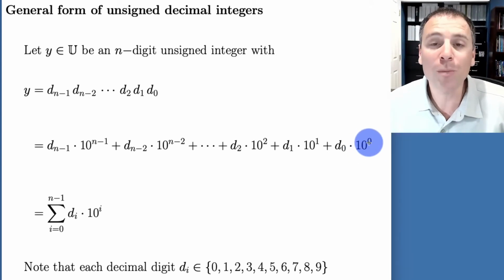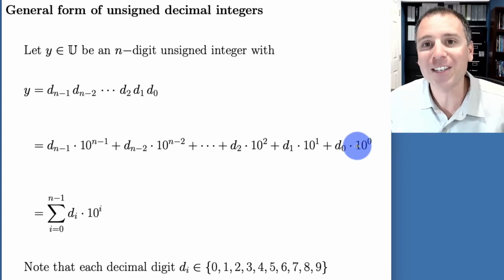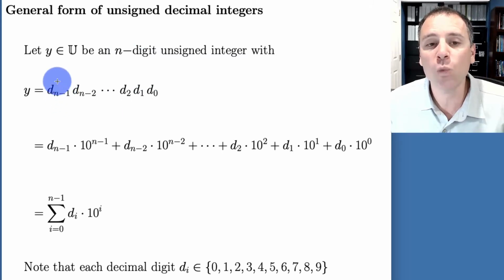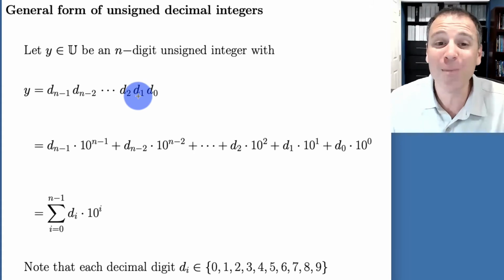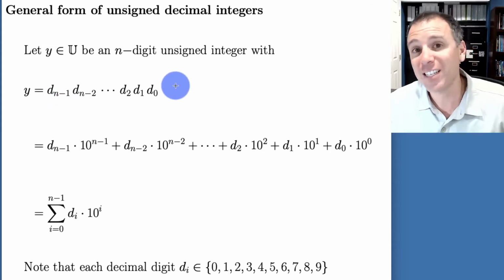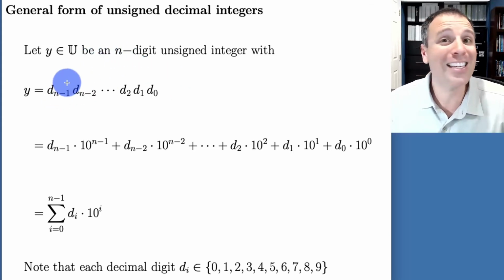A normal human being would say that's the number of ones that I have. Well, if I start at 0 and I have n of them, I can go no higher than n minus 1, and that's where that representation kind of comes from. And we saw that in the table. If I have 4 digits, the highest power of 10 that I'll hit is 10 to the 3. If I have 6 digits, the highest power of 10 is 10 to the 5.